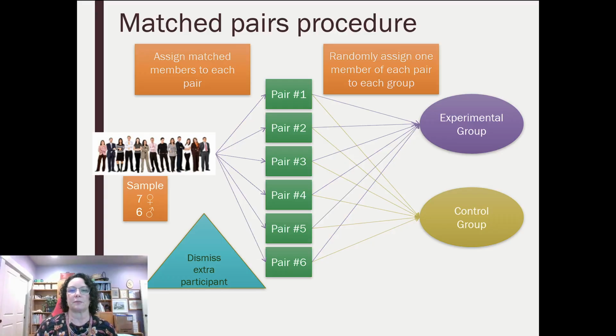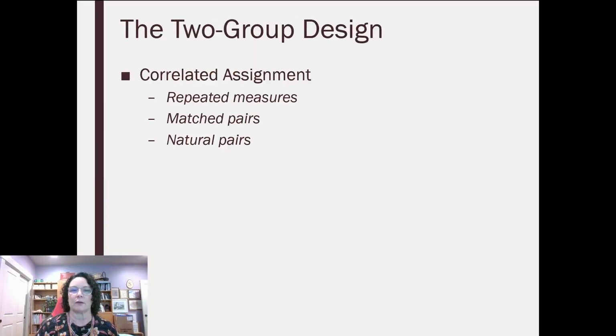You'll notice in a lot of psychological research there are imbalances in the number of males and females in the experimental and the control group because they don't do this. They use random procedures instead, and so there's already on average way more females in psychological research than males. But when there are males, they aren't necessarily evenly distributed between the groups, and so you end up with a possible problem, possible confound. So this is one way to get around that.